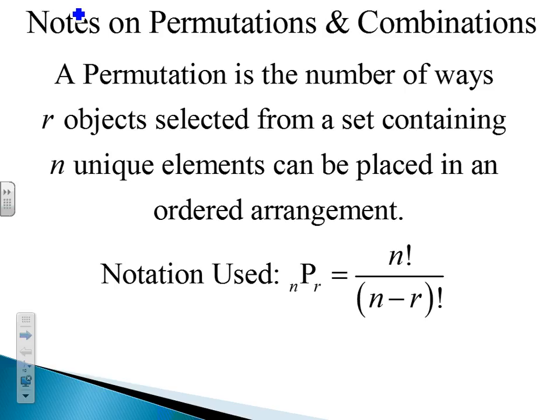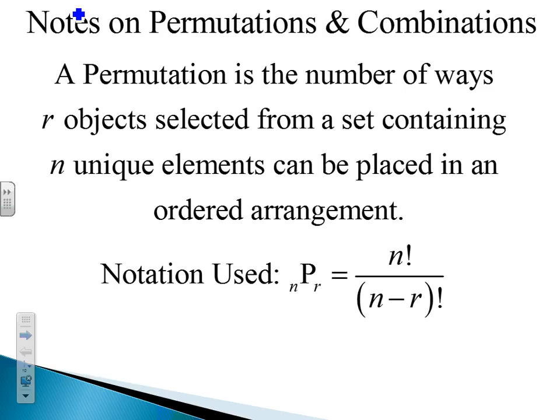The difference is that a permutation and a combination are very much the same thing, except that the way in which we organize things in a combination, rather than a permutation, is that we really don't worry so much about the order in which they're arranged, whereas in a permutation we do.